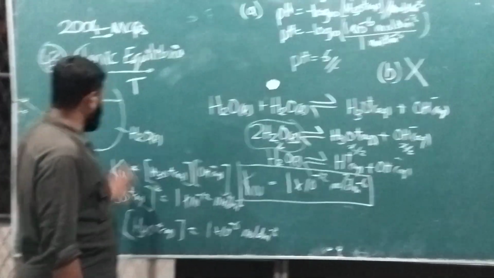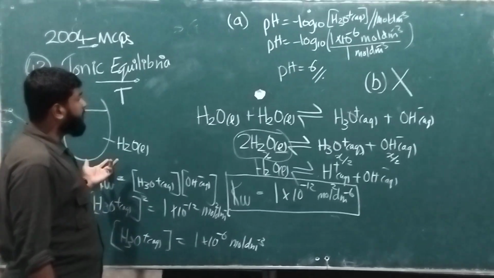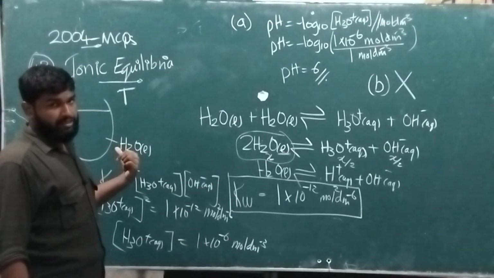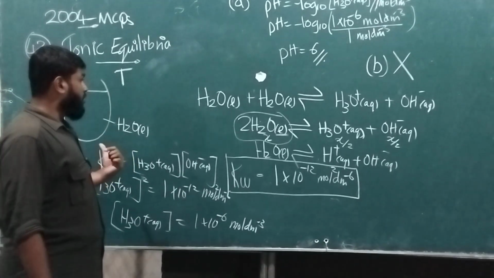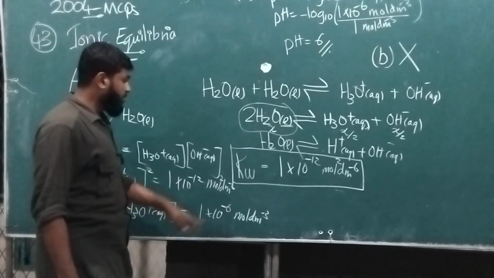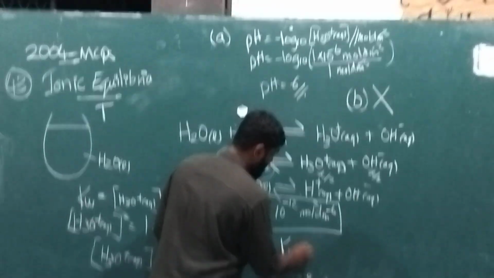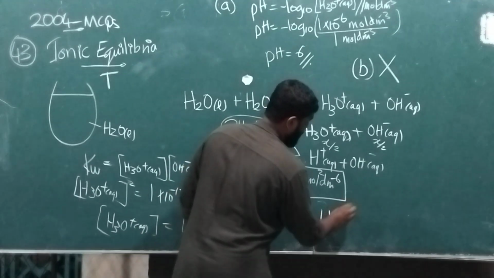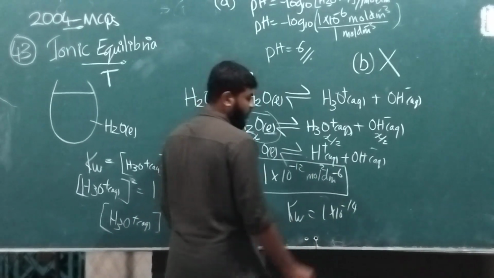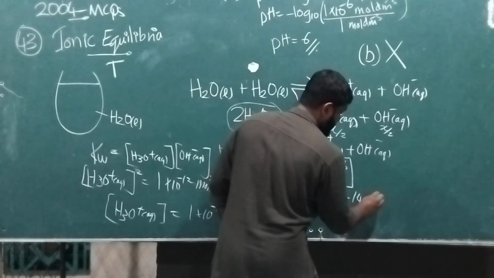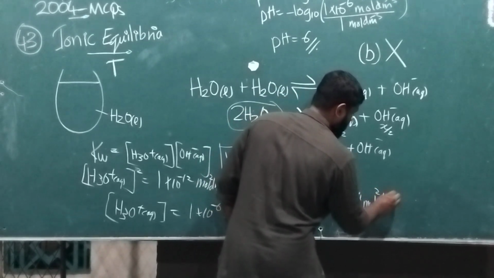As a result, in pure water, there is nothing that is going to make it acidic or basic. Usually, when water has a Kw at room temperature, Kw is equal to 1 into 10 to the power minus 14 mole square decimeter minus 6, right?